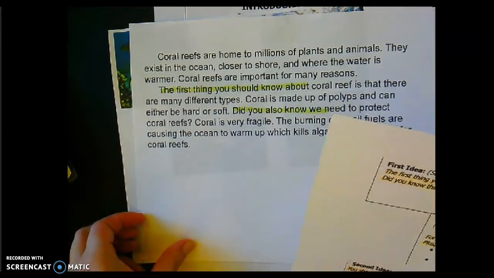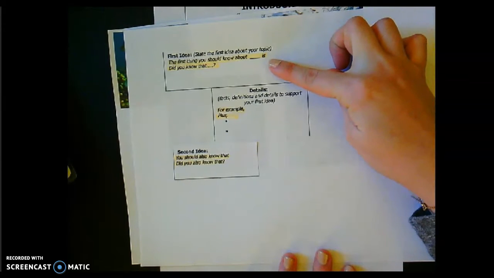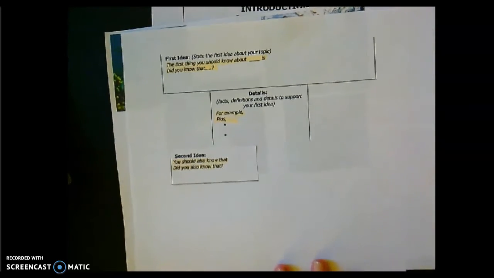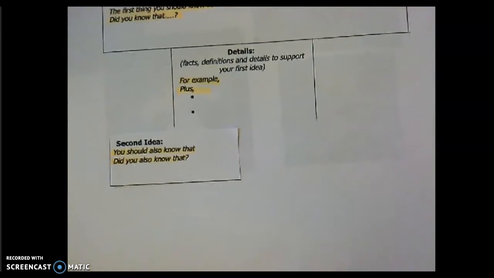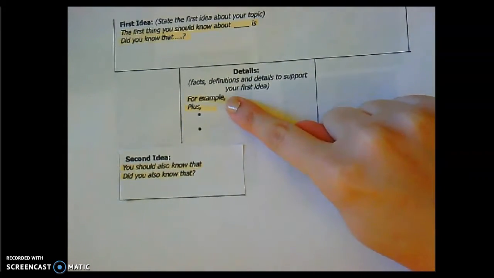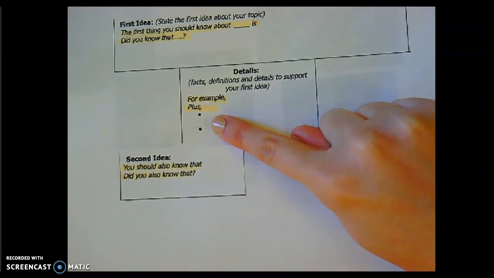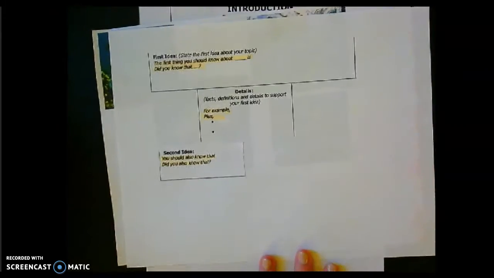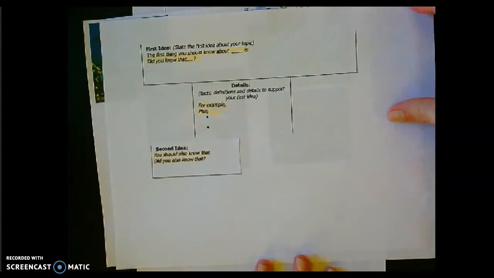Some other sentence starters are, did you know that, which was what I used for my second idea. You should also know that. You can also, for talking about those details, say, for example, or plus. Okay, so these are just some ideas of what you can use as you're writing your beginning and your middle.